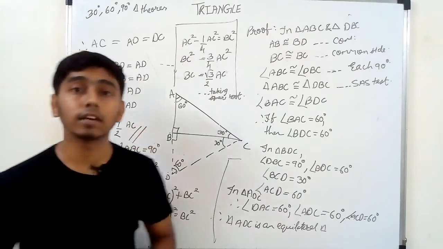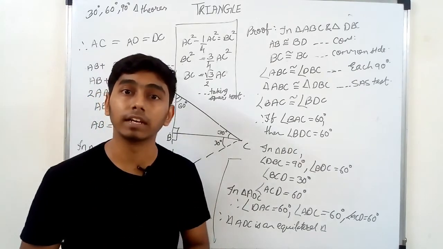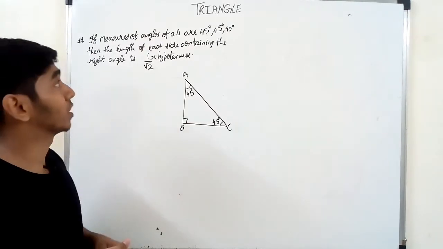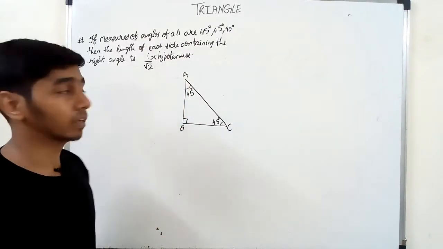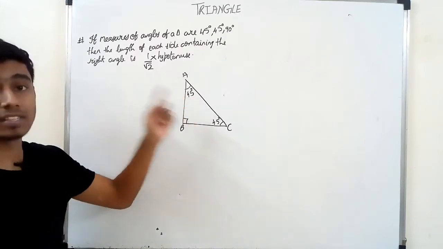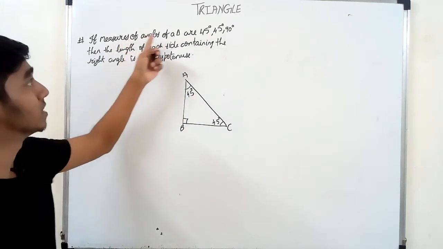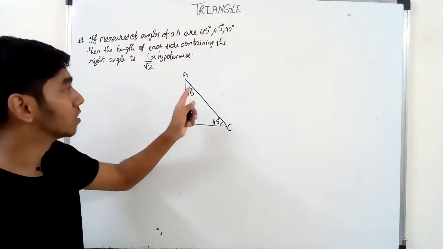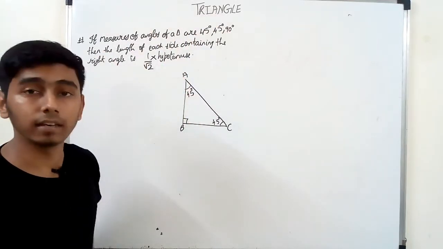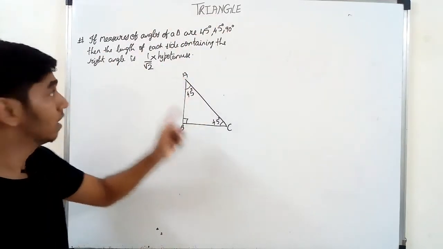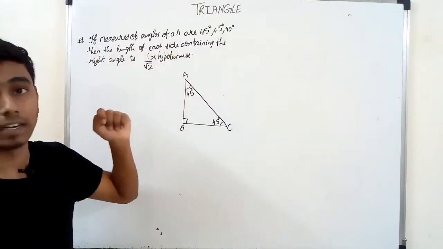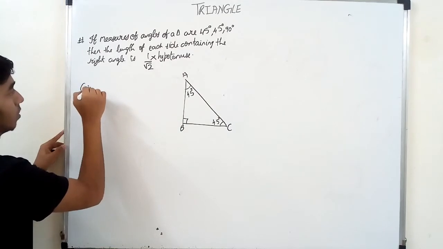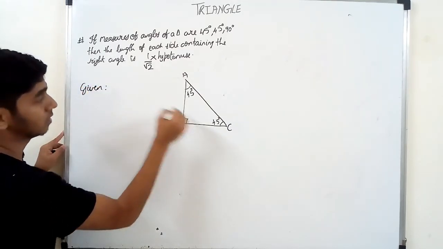Now we'll take the next theorem, which is the 45 45 90 degree triangle theorem. So here we are doing the 45 45 90 degree triangle theorem. This theorem says that if the measures of angles of a triangle are 45, 45 and 90 degree, then the length of each side. First let's write what is given.